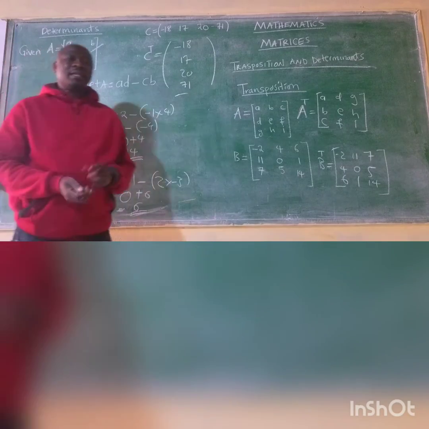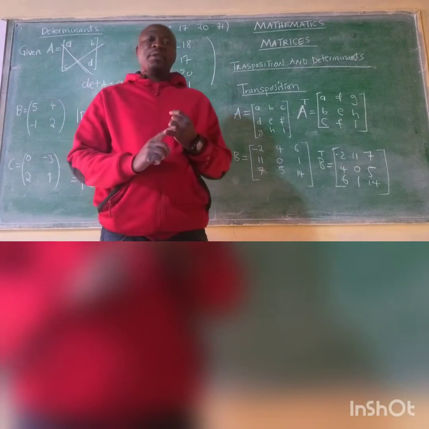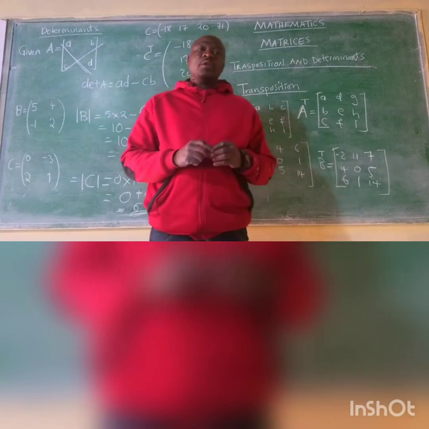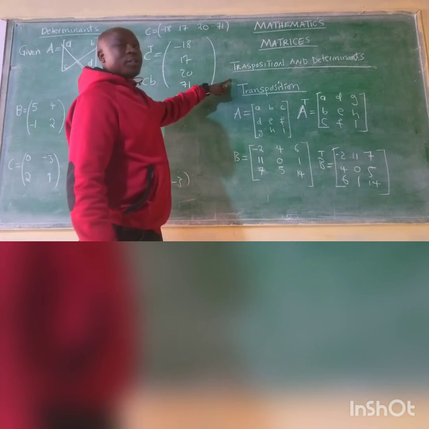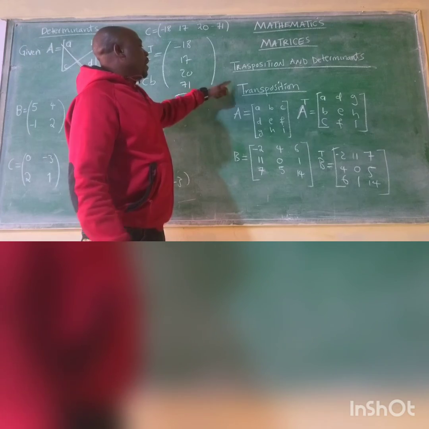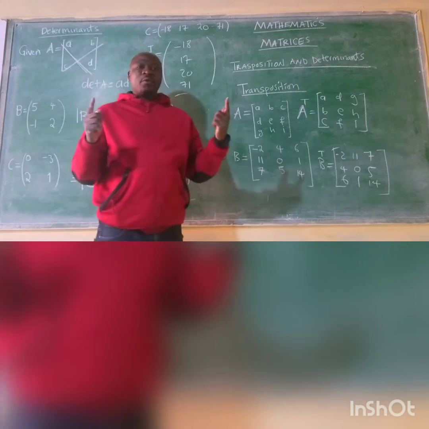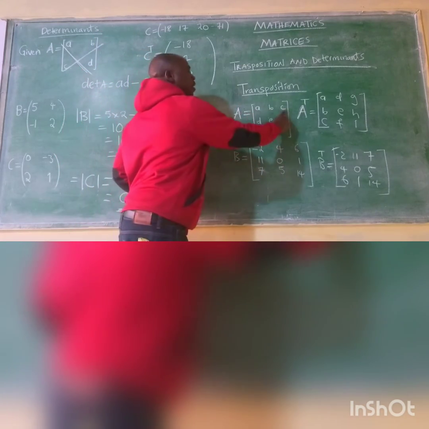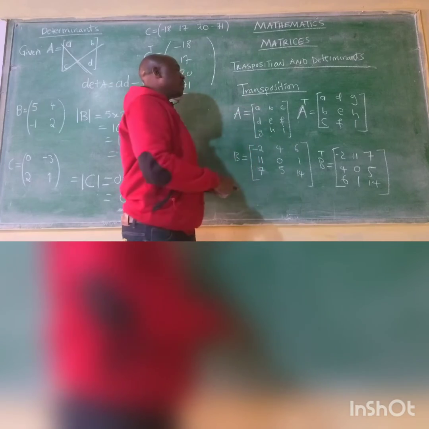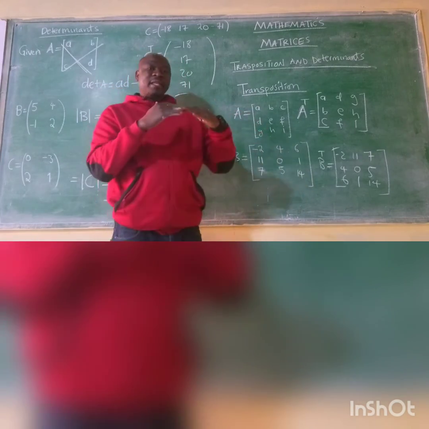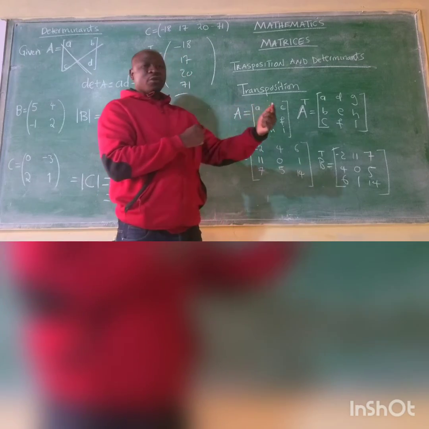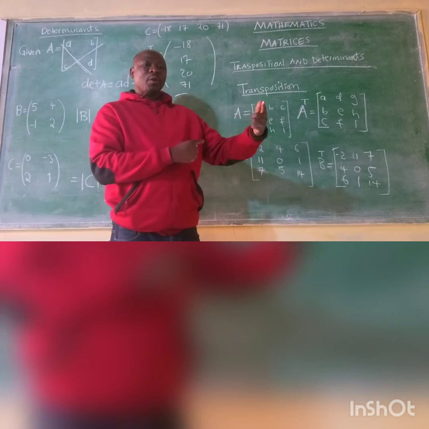So this is it. This is how you find both the transpose of a matrix and also the determinant of a matrix. To transpose a matrix, I said that you just swap the rows and columns. Like this is a row, you make it become a column. And then the moment you do that, automatically you discover that the rows and columns swap.